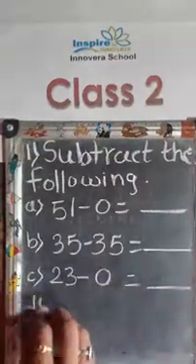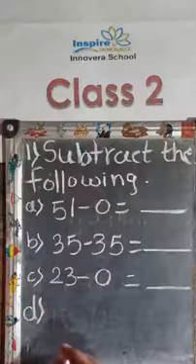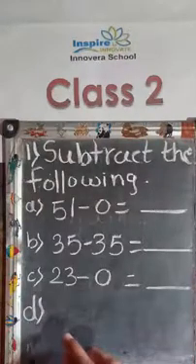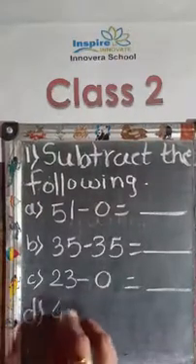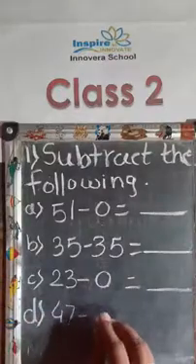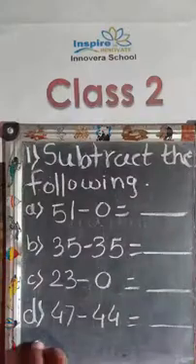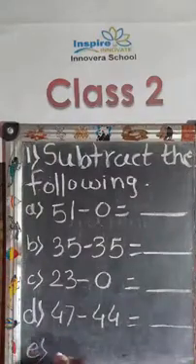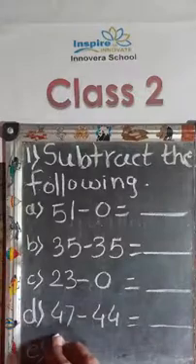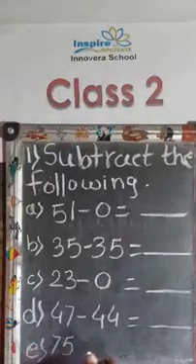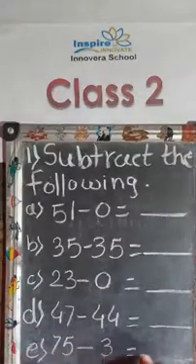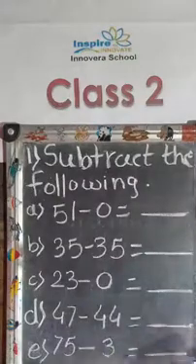And next is D, 47 minus 44 is equal to dash. And the last one, the fifth one, 75 minus 3 is equal to dash.